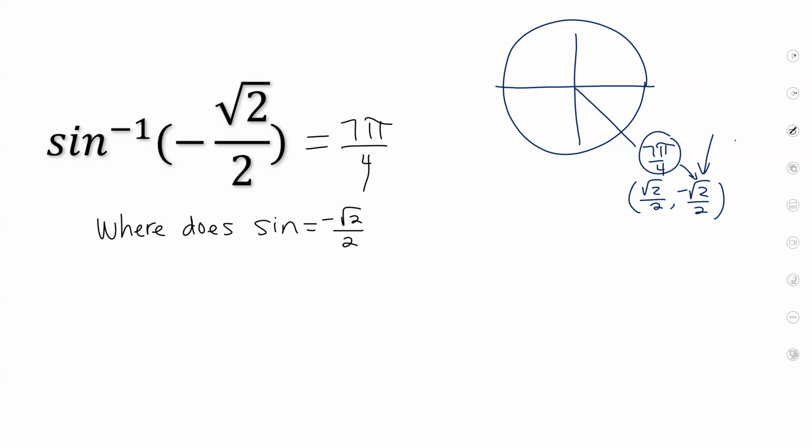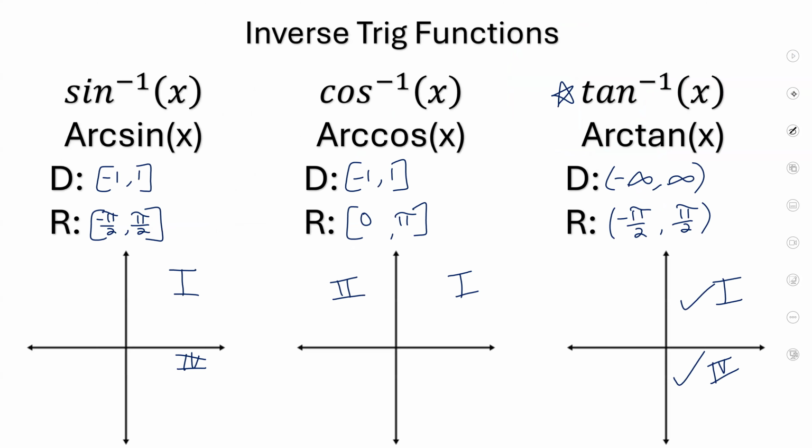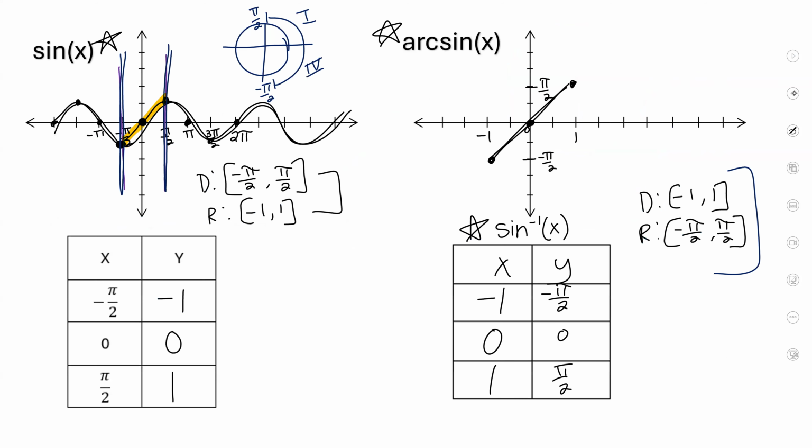This is not your answer because remember, the important thing I needed y'all to remember is that sine exists only in this quadrant and this quadrant. And this is your range right here. So let's look at the picture that I drew you. 7 pi over 4 is right here. But I restricted the domain to be between negative pi over 2 and pi over 2.